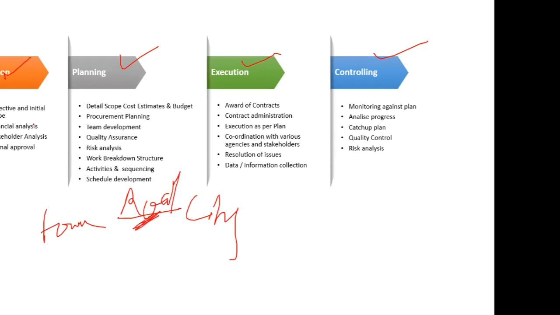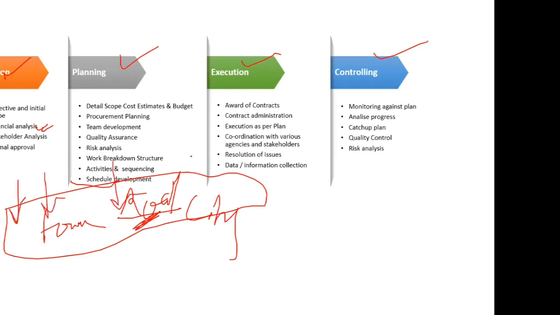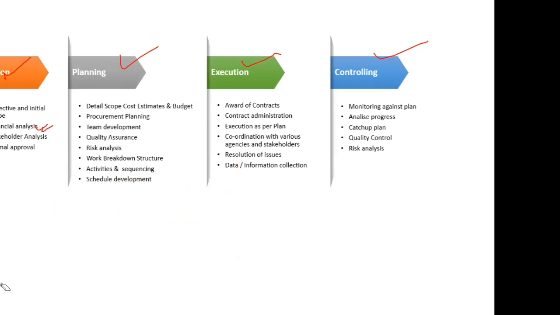Financial analysis: who is going to fund this? From where is the money going to come to complete this activity? Then stakeholder analysis: who are the different stakeholders involved in this project? Who are the designers, the engineering team, the government agencies, the financial banks, and so on?